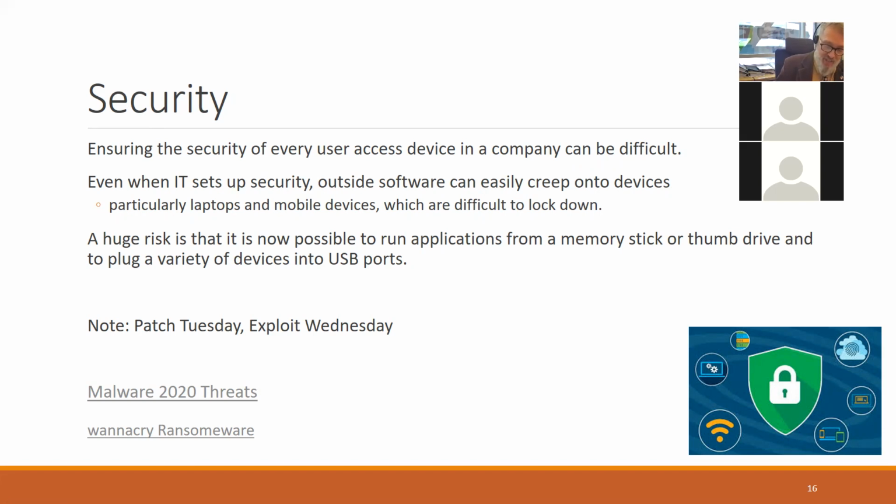If it's severe enough, they'll push it out immediately. Otherwise, they'll do a package patch on a regular basis, right? And they may have a couple of exploits that they've overcome with that update.